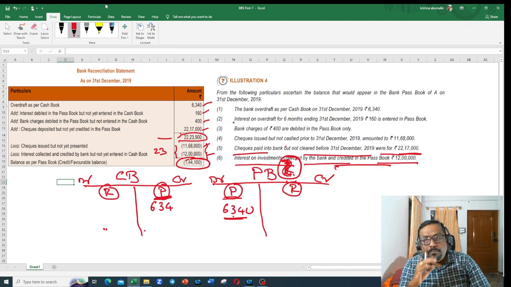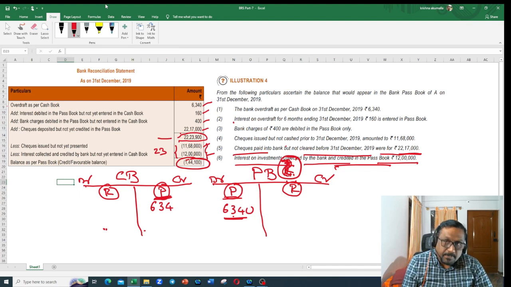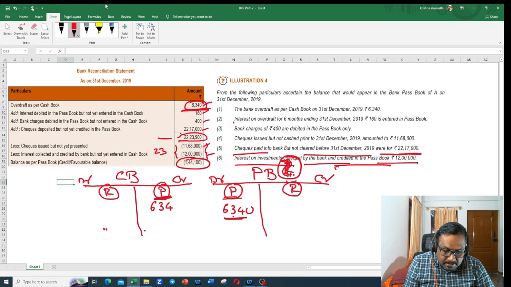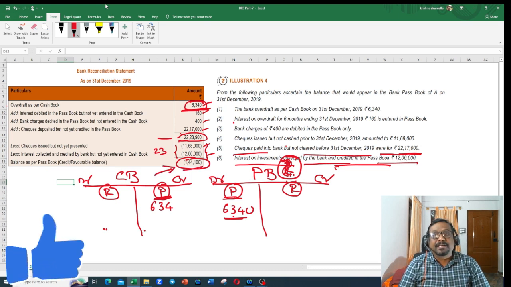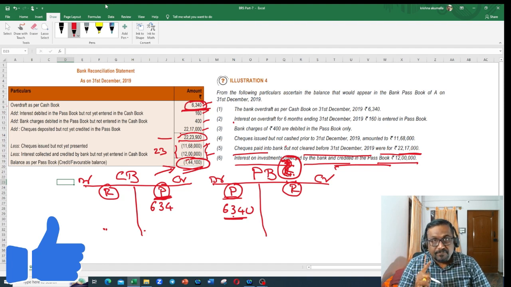This is the beautiful point you need to understand. Here, please understand, overdraft is nothing but unfavorable balance. Correct? So the unfavorable balance is what I have taken into account. When I take the unfavorable balance and I get a negative balance here, this will be considered a favorable balance. Guys, please be very careful here.